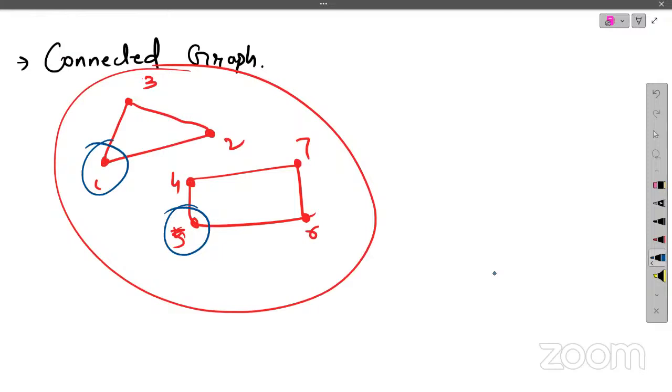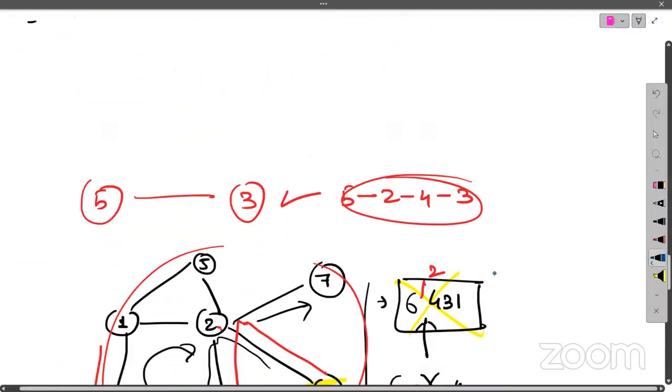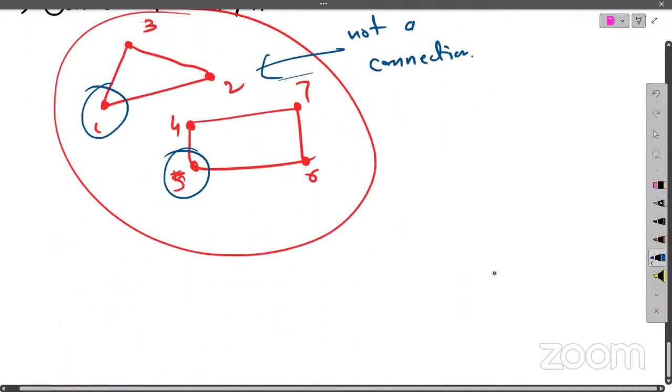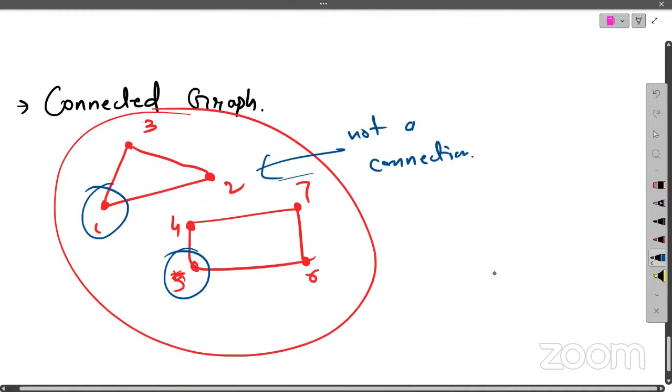We cannot reach these 3 vertices from these 4 vertices. So this is not a connected graph, because we cannot find a path between vertex 5 and 1, or between any vertex in this rectangle and any vertex in this triangle. Such kinds of graphs are disconnected graphs, but an example of a connected graph is this one, where we can reach any vertex from any other vertex using some path. Such a graph is known as a connected graph. Is that fine?